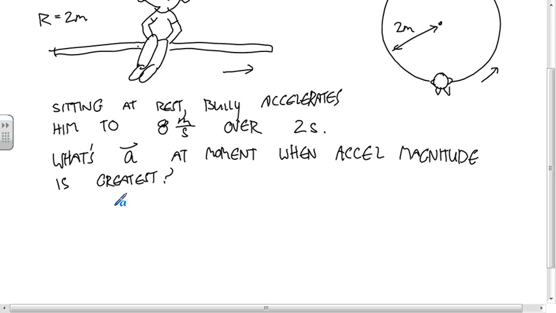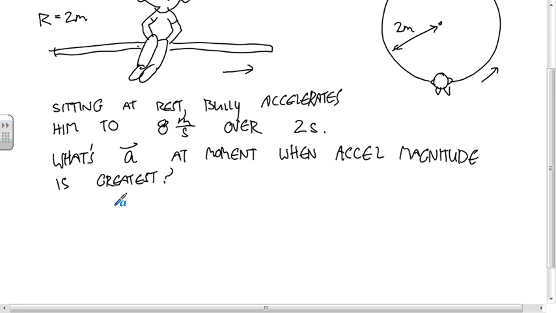The centripetal acceleration does change, though. What makes that change? The radius could, but it stays the same. So what's the other variable that goes into centripetal acceleration? Speed. And the speed's increasing. So the centripetal acceleration is going to be the biggest when he reaches the highest speed, right?